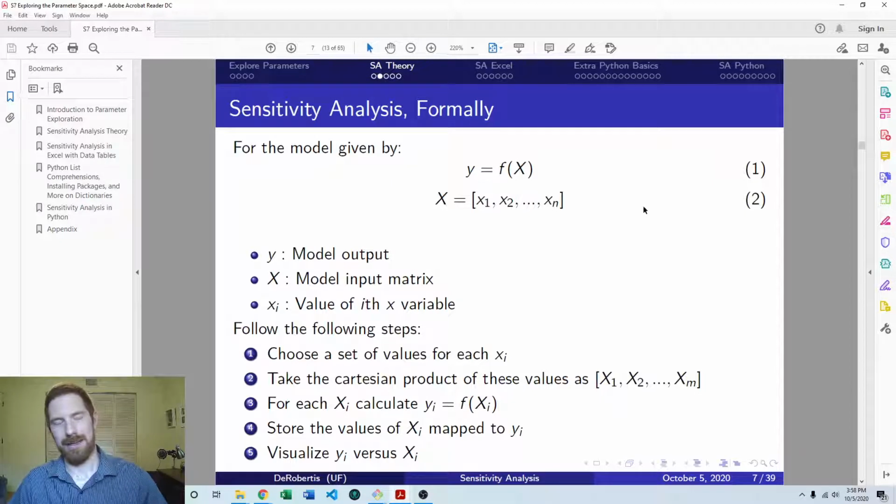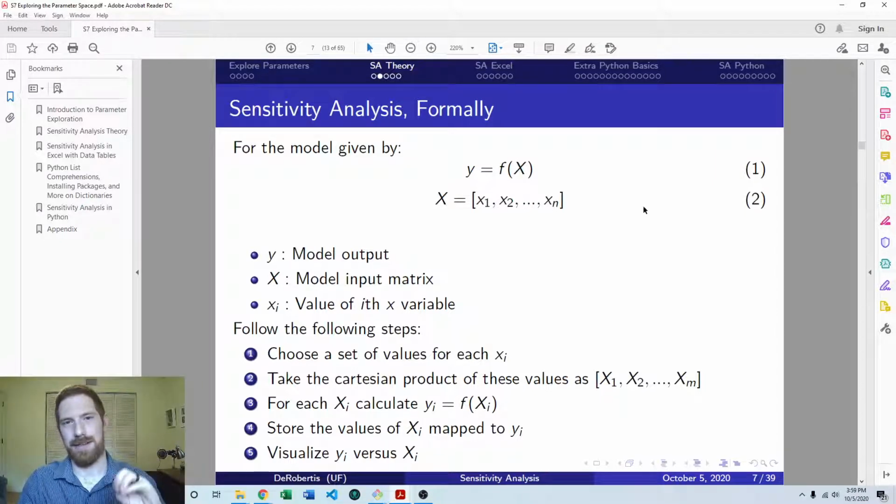So it would be the 5% rate with the 1,000 demand, and then the 5% rate with the 5,000 demand, and then the 5% rate with the 10,000 demand, and then the 6% rate with each of the three demands, and then the 7% rate with each of the three demands. So 9 sets of inputs altogether for 3 of the interest rate and 3 of the demand. However many values of each of the inputs, if you just multiply the numbers together, that should be how many runs of the model you have in the end, sets of inputs and outputs.